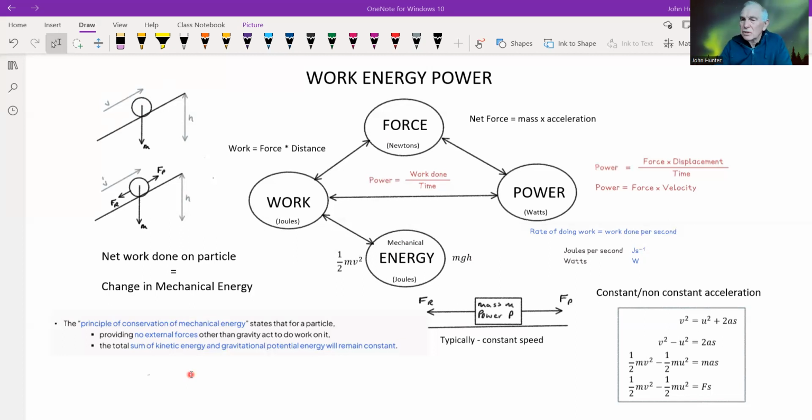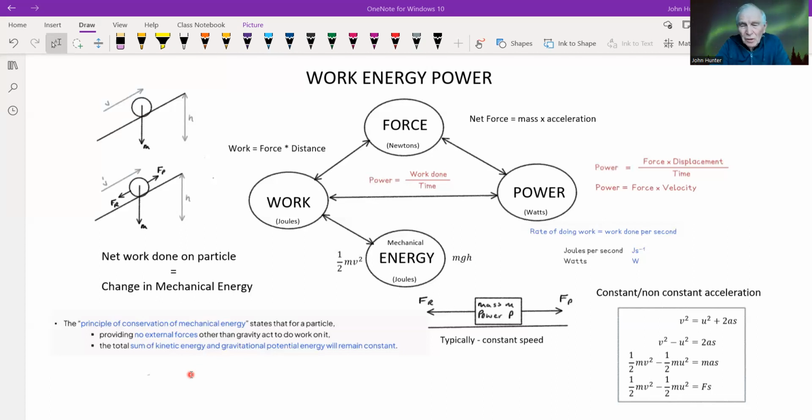We also get destructive forces. If a particle's moving along with a certain velocity and it's got friction to contend with, then that will reduce the kinetic energy in that situation, but in general, it can reduce the total amount of mechanical energy.